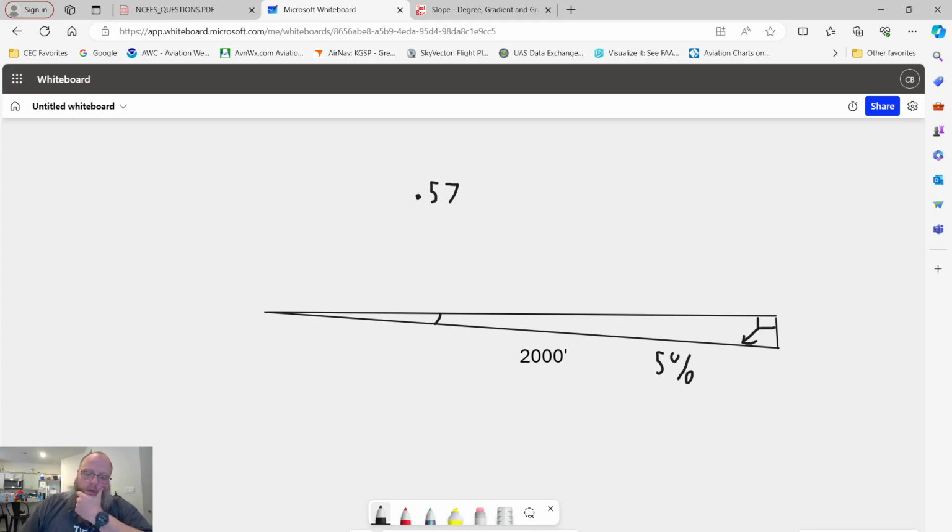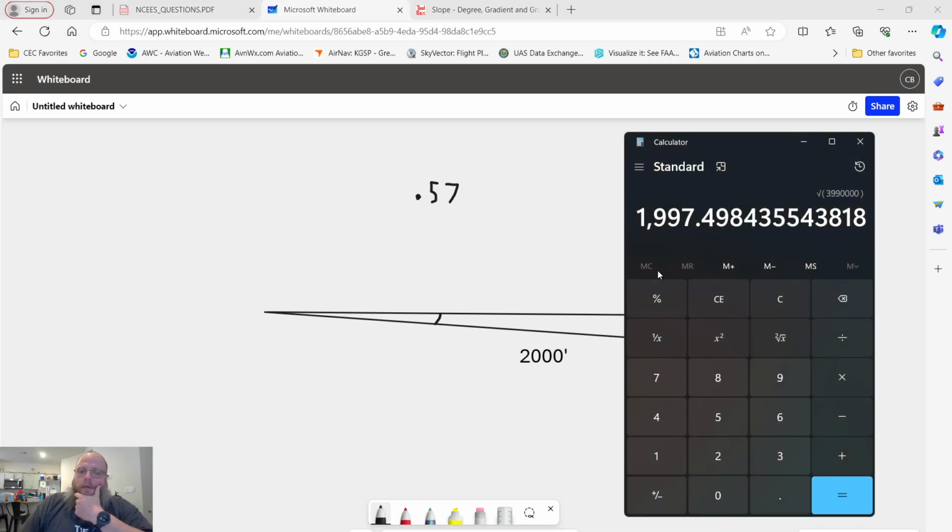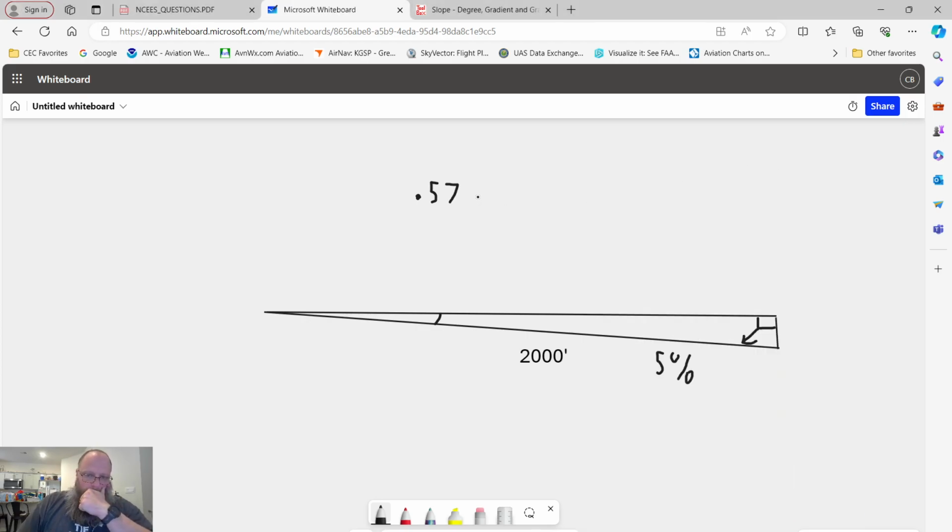And so I'll spare you the math there. It's 2.85, I believe. 0.57, yeah, 2.85. So this angle is going to be equal to 2.85 degrees.